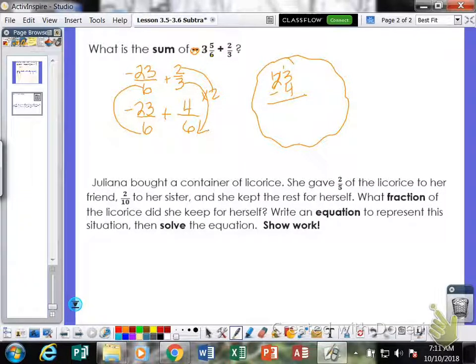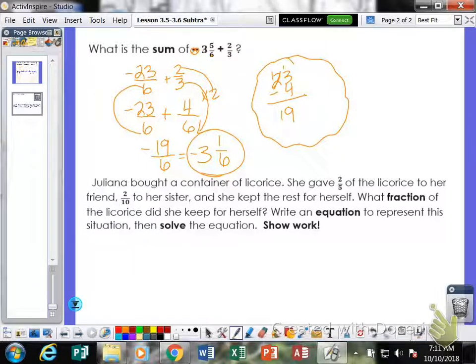So I end up with 19 left over, and that's negative 19/6. And then 6 goes into negative 19 negative 3 times, which gives me 18, and then subtract 1. So negative 3 1/6 is my final answer.